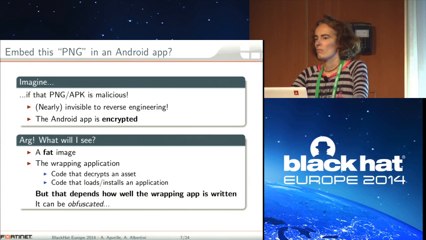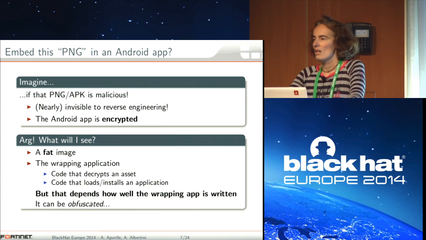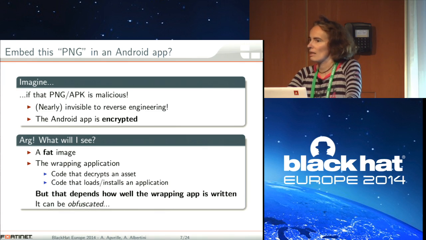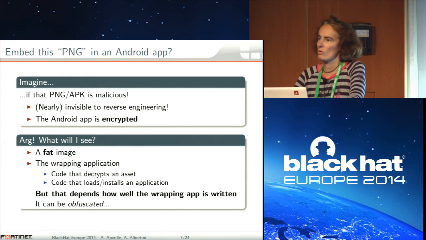But of course, this wrapping mechanism can be obfuscated. You can use some known hacks, like using the DexClassLoader in Android to conceal that as well if you want.